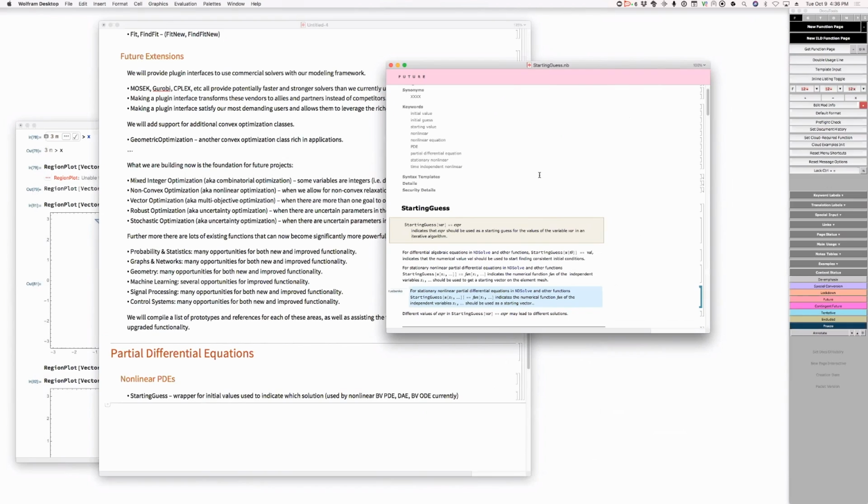Because with these DAEs, you're on some manifold that's much lower dimensional than the number of variables that you have. What's your chance of hitting that? Probability 0, right? So you need some help. And that's in fact built into the Modelica standard, that things are interpreted as initial guesses.